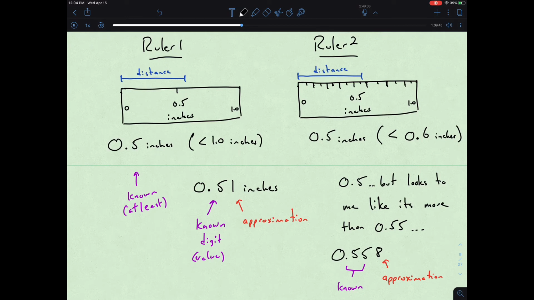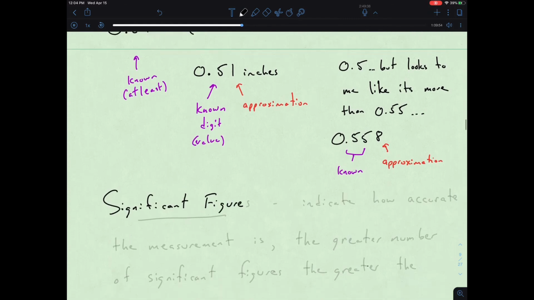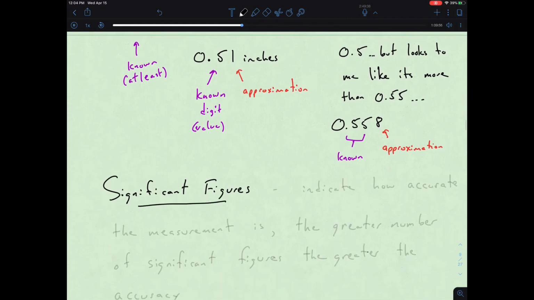And that's what significant figures is really describing. Significant figures basically indicate how accurate the measurement is.